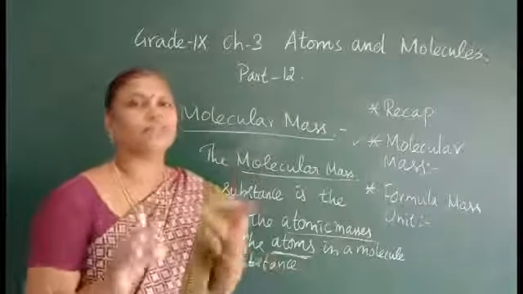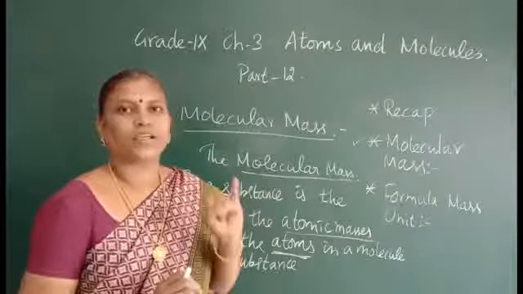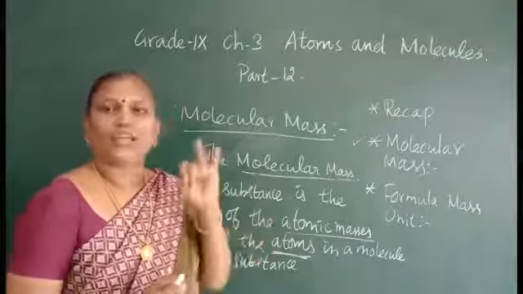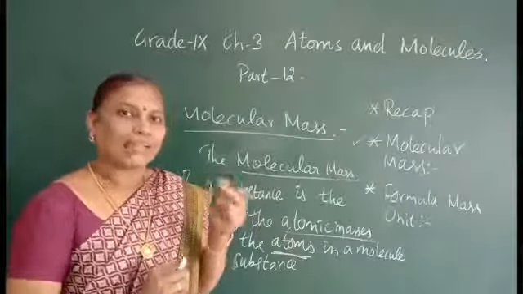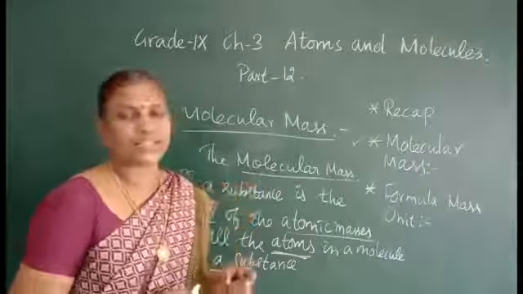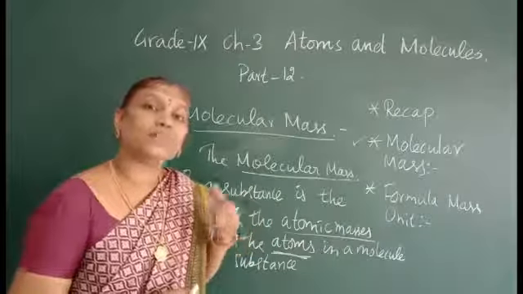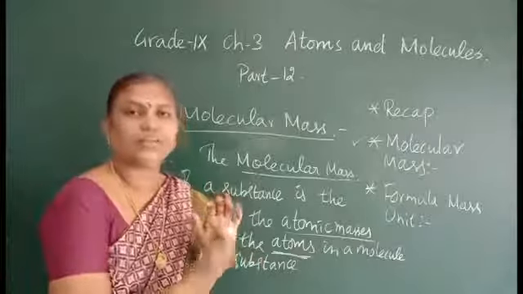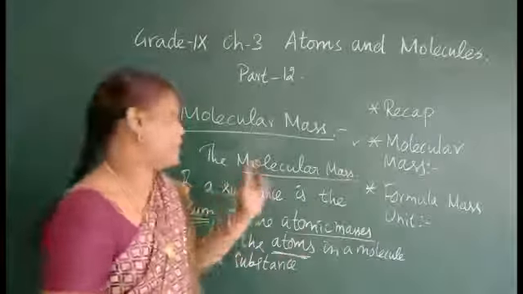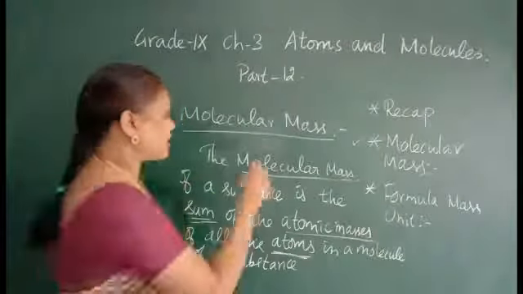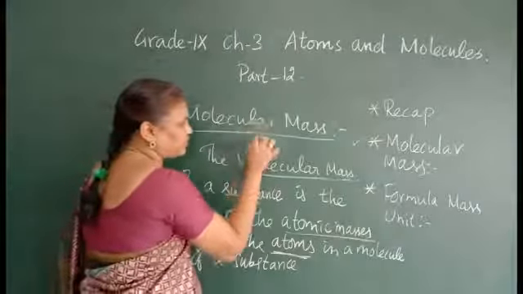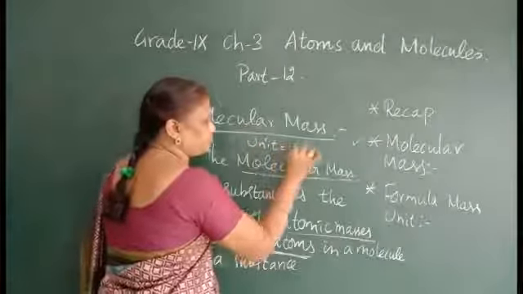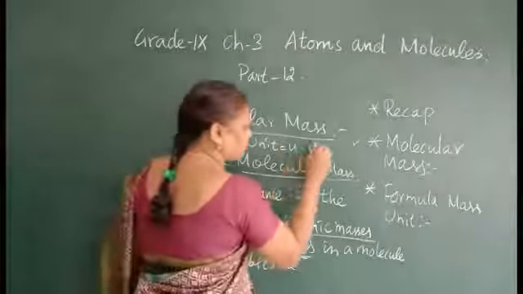So first we should know the name of the molecule and the chemical formula, and then we should know what atoms are present in it, the atomic mass of each atom, and how many atoms are present. We add them together and we get the molecular mass, and its unit is U, unified mass.